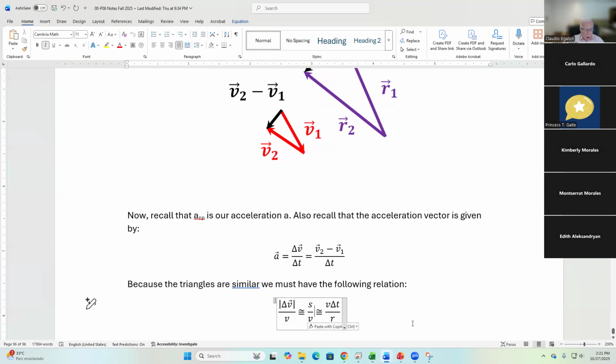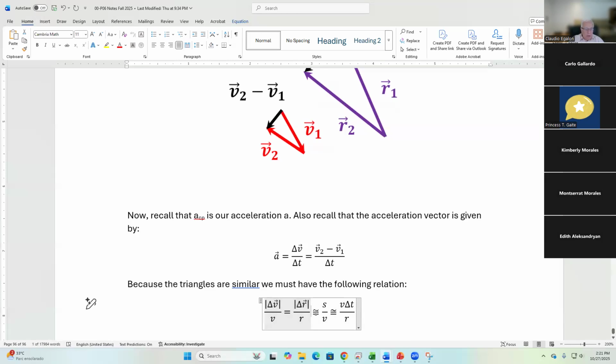Oh, wait a minute. Yeah, that's right. The approximation is going to be right in here. So what is going to be the equality is this one here, delta R over R. This is the equality.